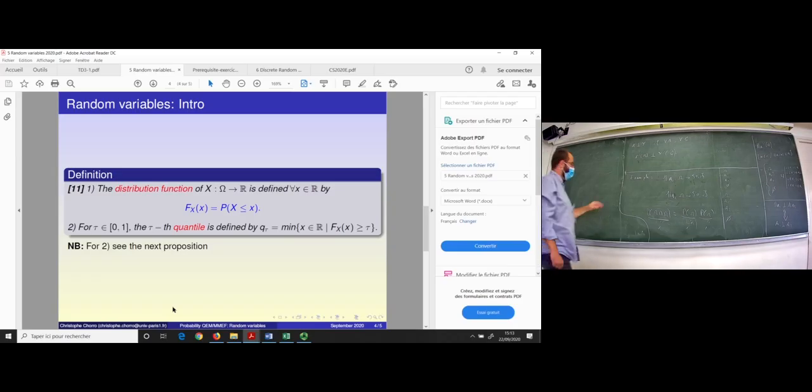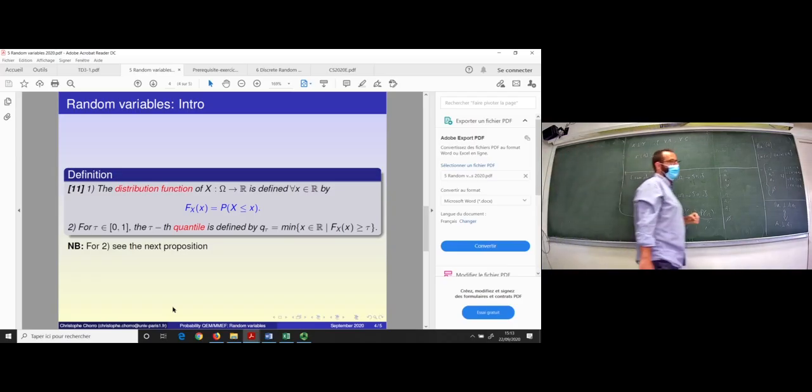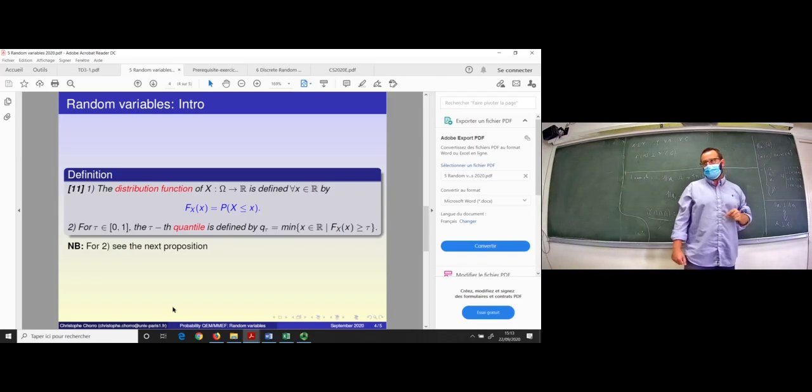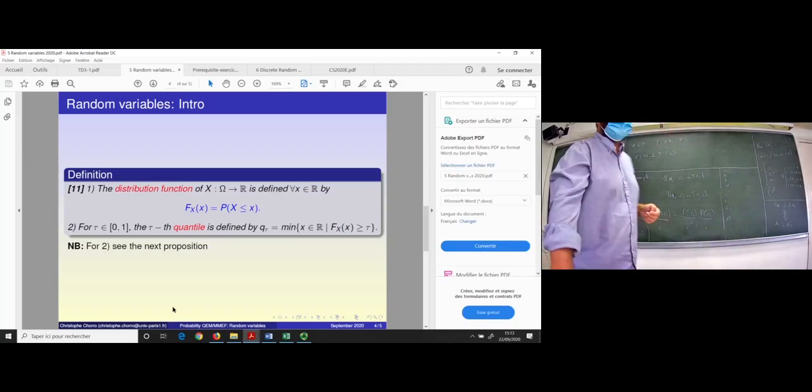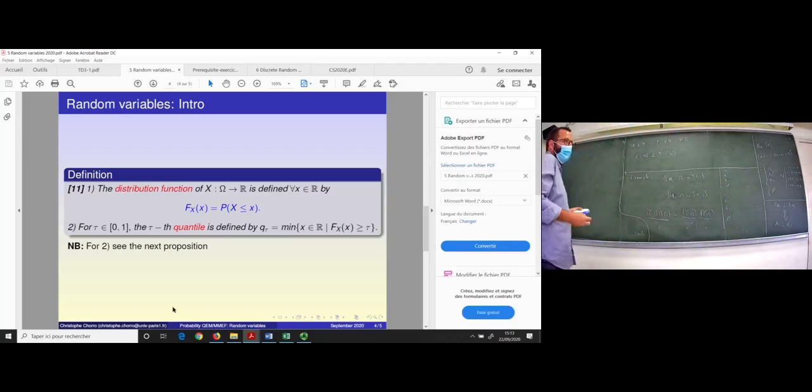The second one will be more related to the statistical part of the course. Okay? So I have a random variable X, so I have a probability space, and X is a random variable from the sample space into R, this way. So probability, random variable.